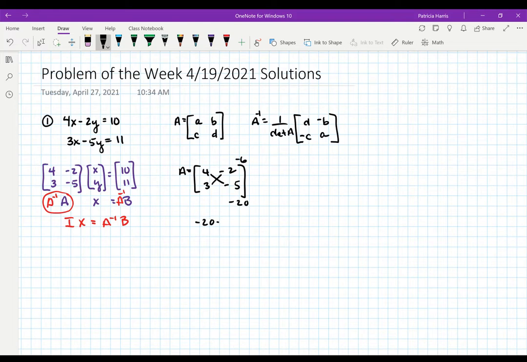So negative 20 minus a negative 6 is negative 14. This is going to have some fairly nasty denominators, but we're going to be fine. So we're going to go 1 over negative 14 times, switch the negative 5 and the 4, and change the signs.